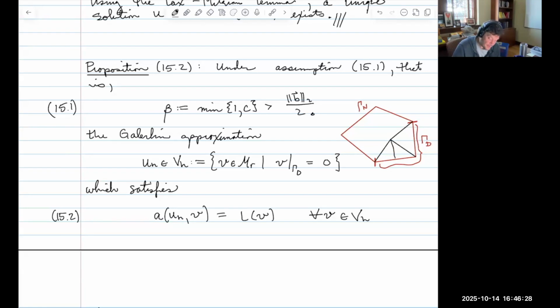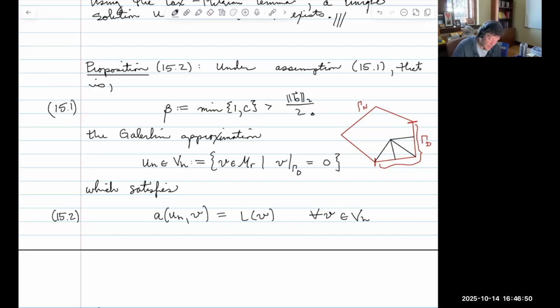So I can have something that looks like this, right? So these boundary edges here of these triangles have to line up perfectly. What I'm not allowed to have is something which looks like this.